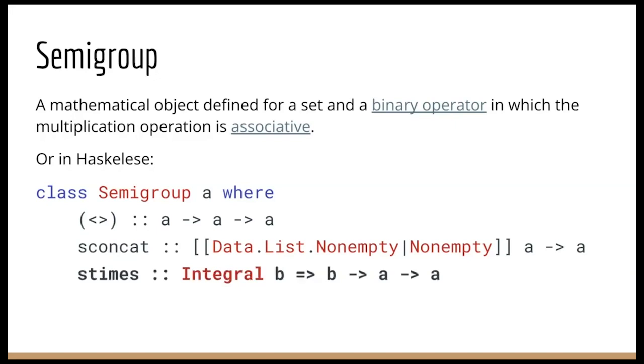But you may have noticed that we have these extra functions called sconcat and stimes. And even though those functions are not really required for the semigroup, they are super handy.